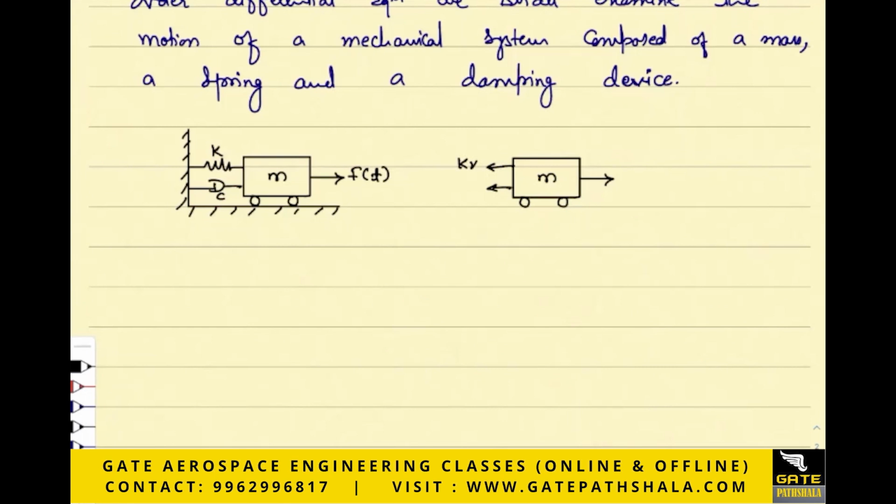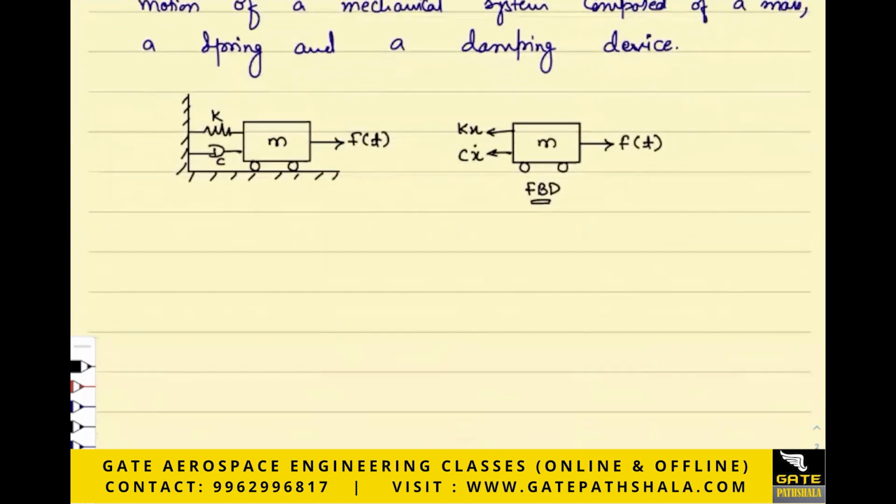This will be K into x, this will be C into x dot, and this will be F. This is the free body diagram, FBD, right? Hope you are all doing this in mechanical vibration in Saturday, Sunday's class. So this should not be a tough thing. It's well understood. x dot is dx by dt.